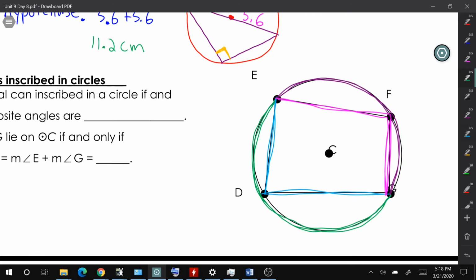Since these angles are inscribed, this is an inscribed angle, and this is an inscribed angle, and together they form the whole circle, that means that these two angles have to add up to 180, because inscribed angles are always half the arc measure.